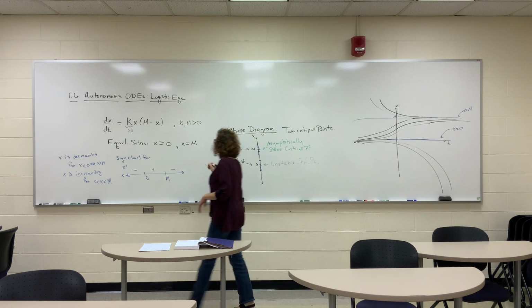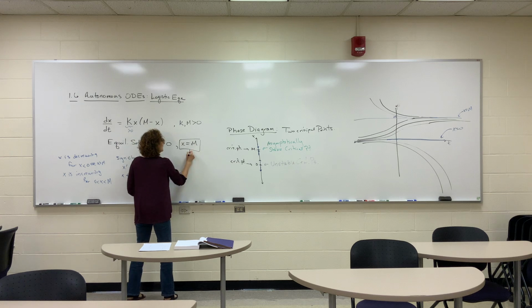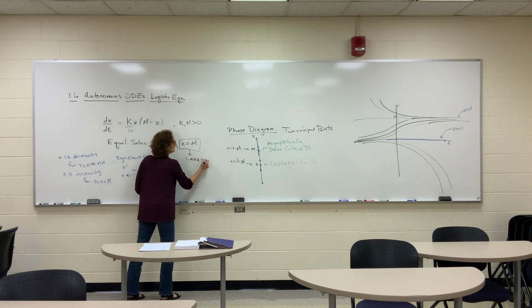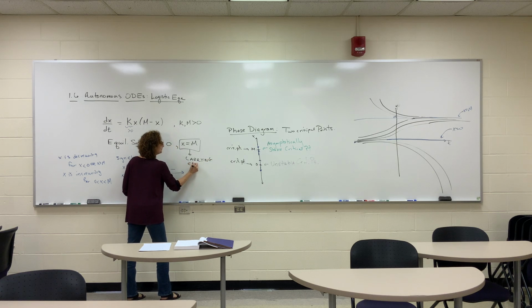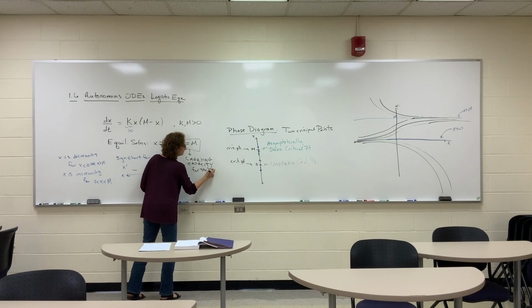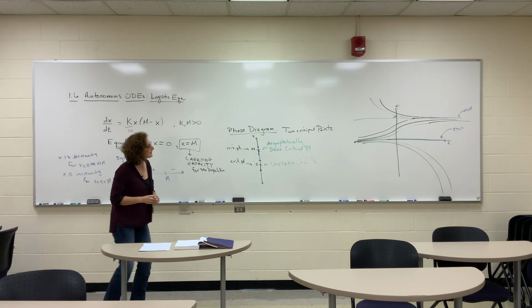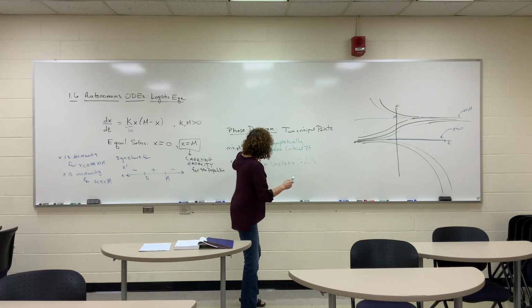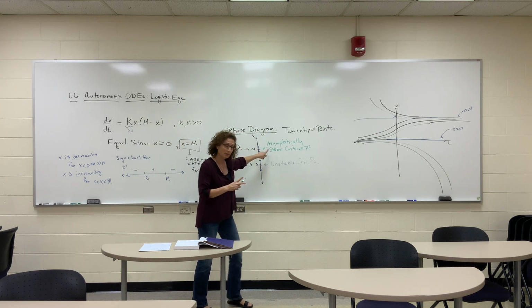What is M? M ends up being the carrying capacity for the population. The carrying capacity for the population, right? It's our asymptotically stable critical point.